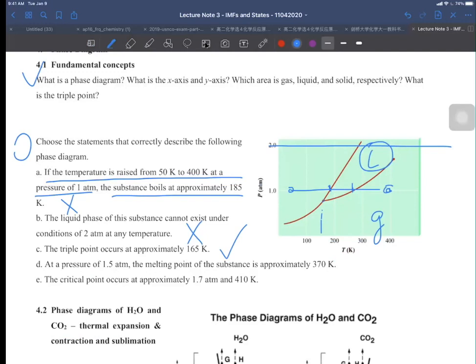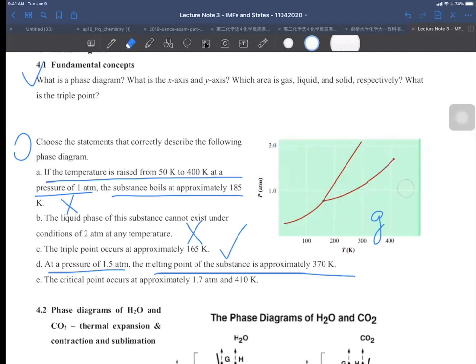The next one: at a pressure of 1.5 atm, the melting point of the substance is approximately 370 K. Let's have a look. It's around here, right? 1.5 atm. So the freezing point or melting point will be here. Solid to liquid, right?